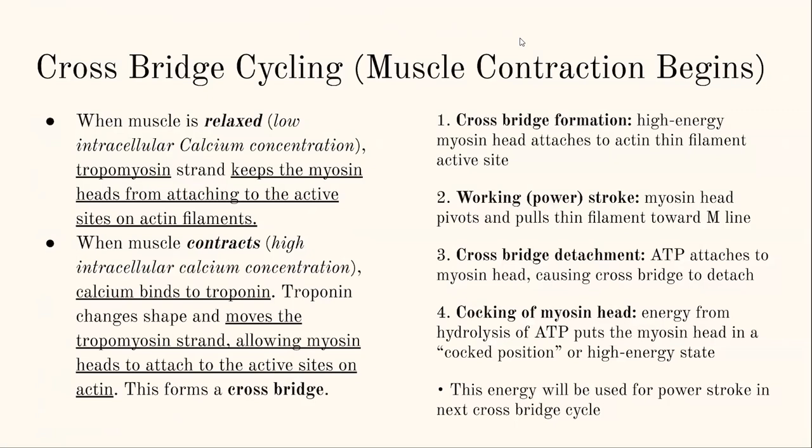When the muscle is relaxed, that means no calcium is attached to the troponin, and since there's no calcium attached to the troponin, it doesn't move the triple myosin strand that would allow the myosin heads to attach. There are 4 steps that happen in that cross-bridge cycling.